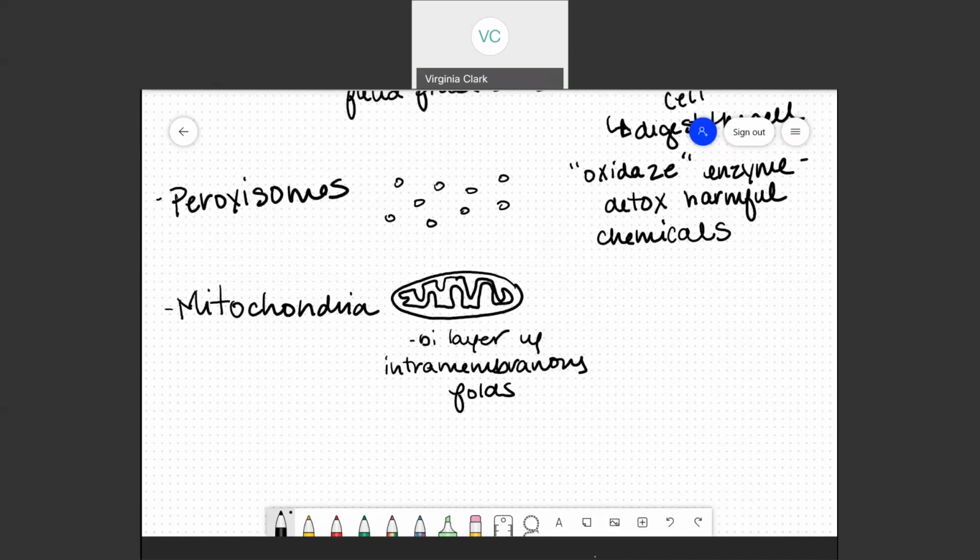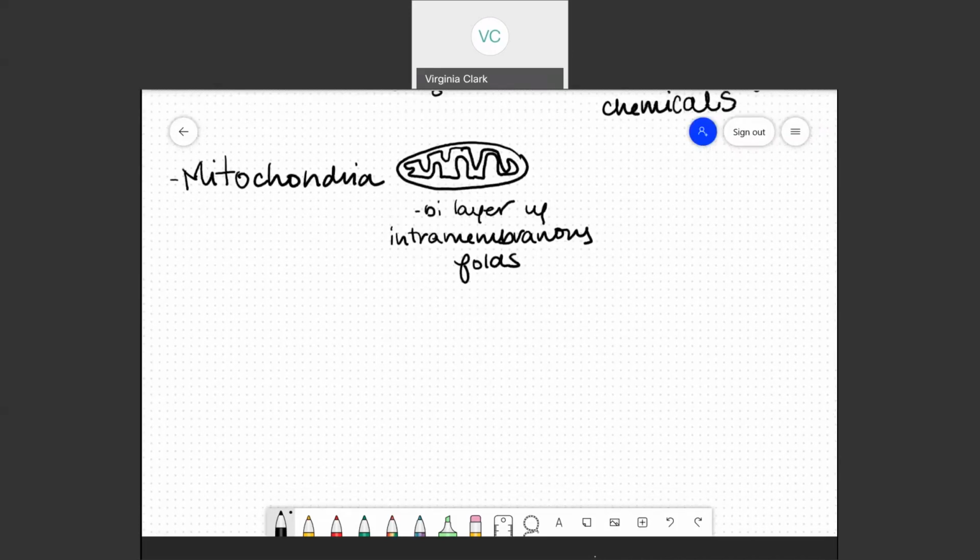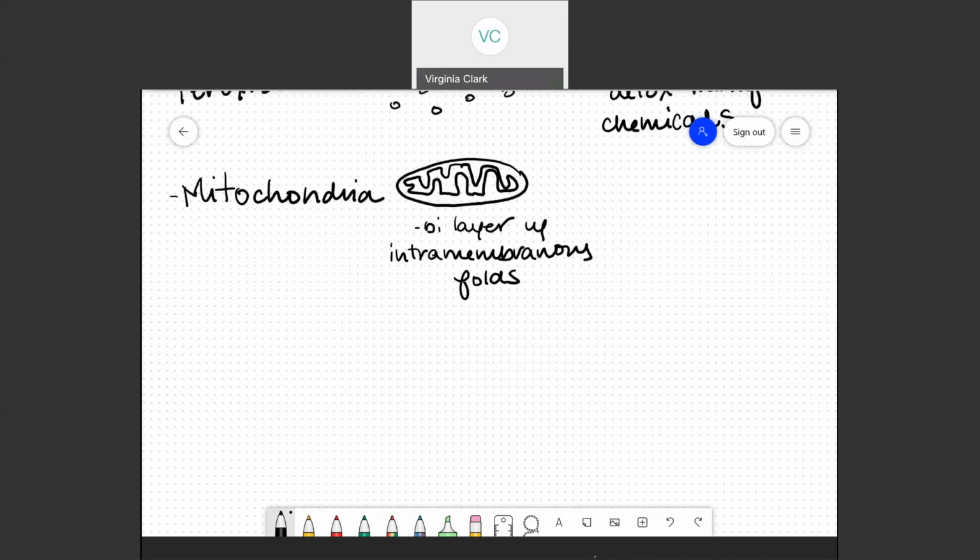So mitochondria, you've probably heard this called the powerhouse of the cell. It is very, very true. That is what it is. But on an actual scientific level, building further on the powerhouse of the cell, these mitochondria are going to contain enzymes. And they are going to contain the enzymes that are responsible for breaking down foodstuff.